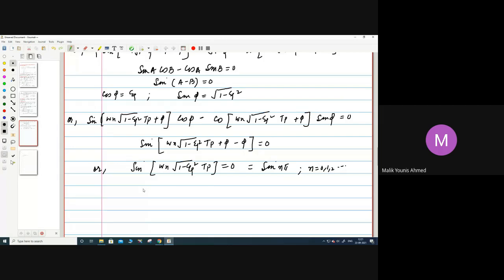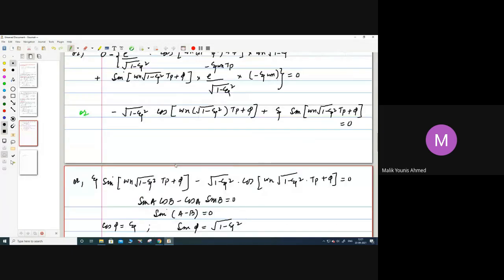But we are interested in the first peak. So let us cancel sine on both sides. It will be omega n under root of 1 minus xi square Tp equal to n pi. Again, the same logic applies here also.